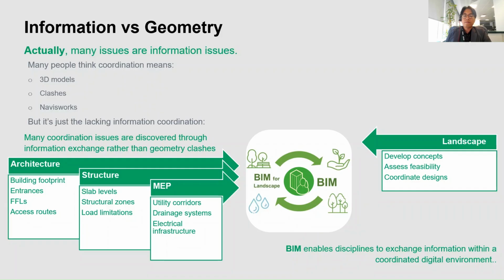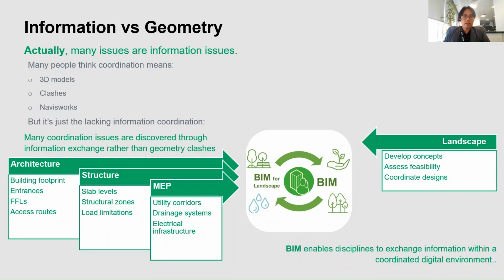We know that much information already exists before the landscape starts their design. For example, in the case of soil depth, the landscape architects may require some depth for the landscape planter or softscape, but it turns out the information we receive from structure shows the available structure depth.